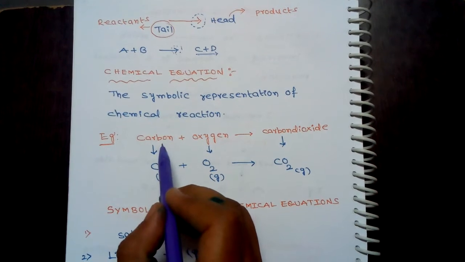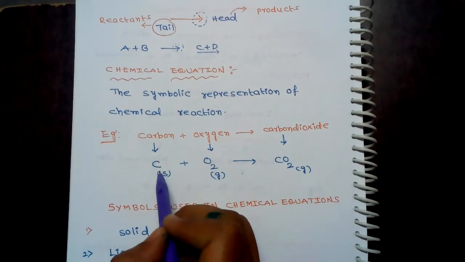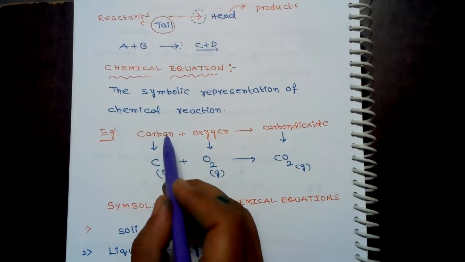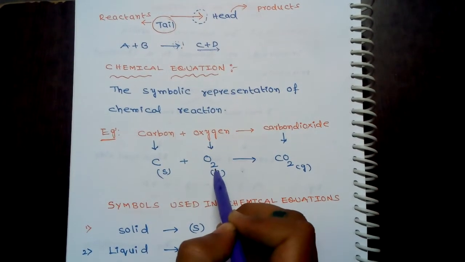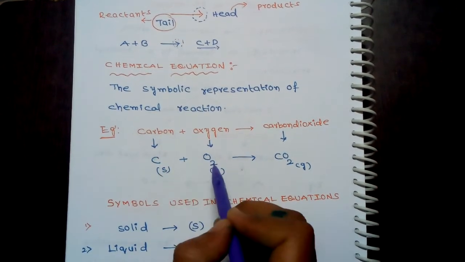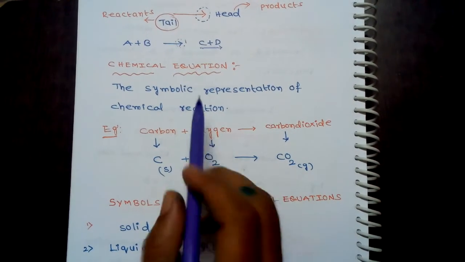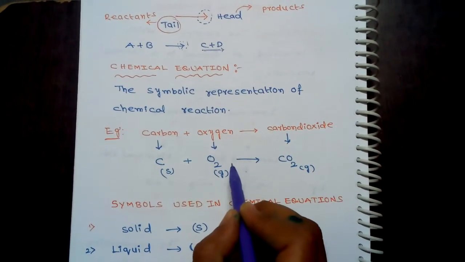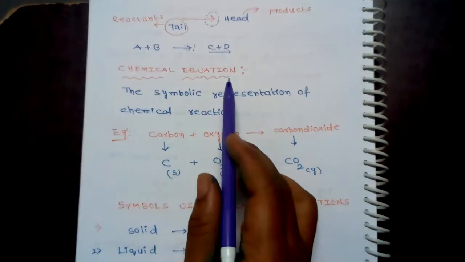If you represent the chemical reaction with the help of symbols, it is called a chemical equation. So carbon is represented as C and oxygen is represented as O2. When carbon reacts with oxygen, it forms carbon dioxide. So what is a chemical equation? The symbolic representation of a chemical reaction is called a chemical equation.